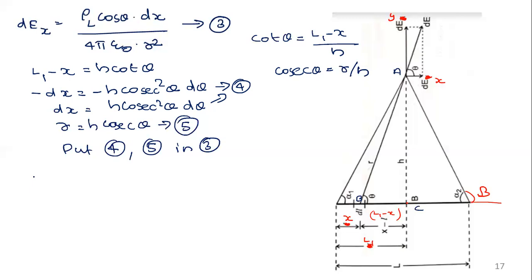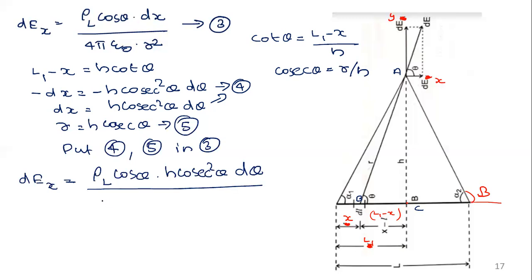So dEx is equal to rho L cos theta, and then dx is h cosec square theta d theta, divided by 4 pi epsilon 0 into r. r is h cosec theta. So it is h cosec theta the whole square. So just cancel out whatever you can cancel.